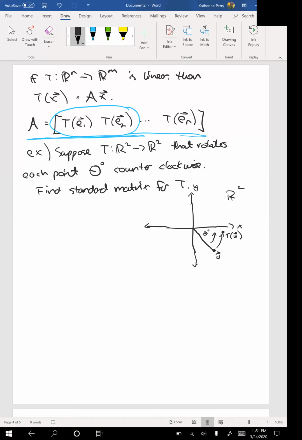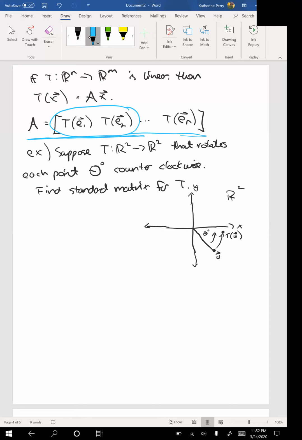So let me encourage you also to pause the video and see if you can draw E1 and E2 on your picture and then see what would actually happen to them.